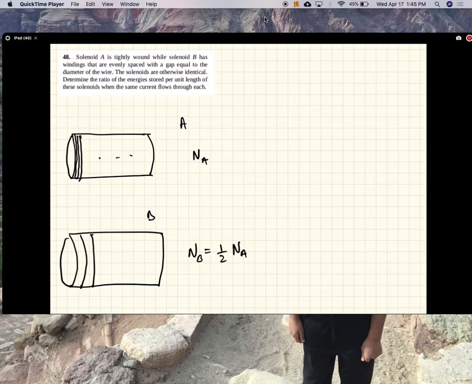Now, L, you guys can check, is mu naught N squared times A times l, where l is the length and A is the area of cross section.